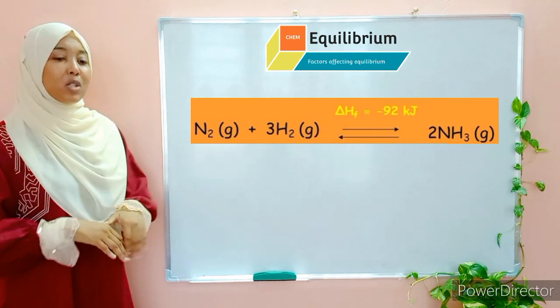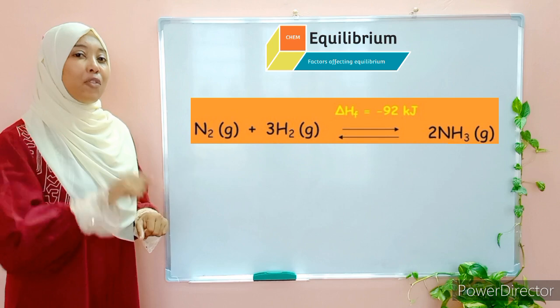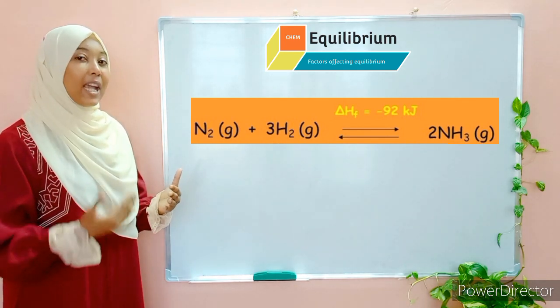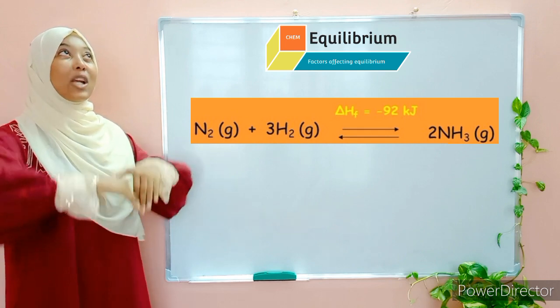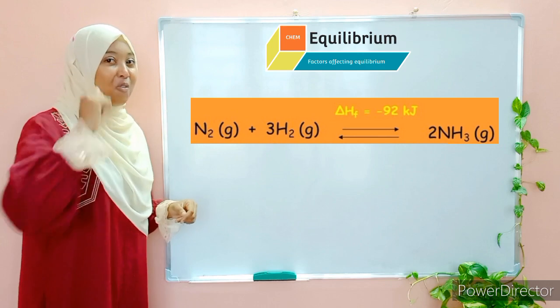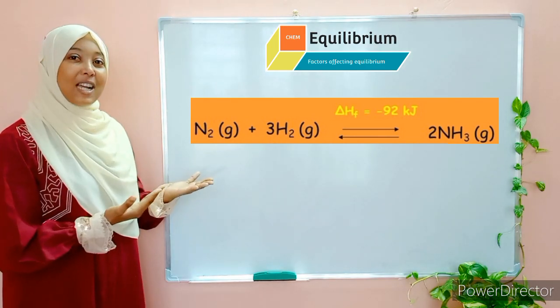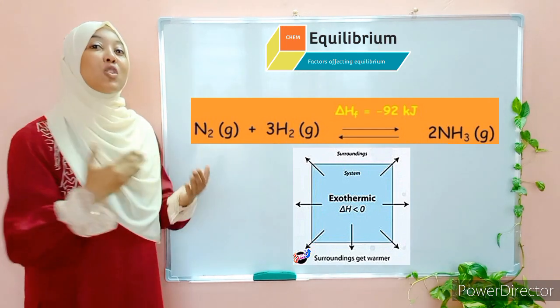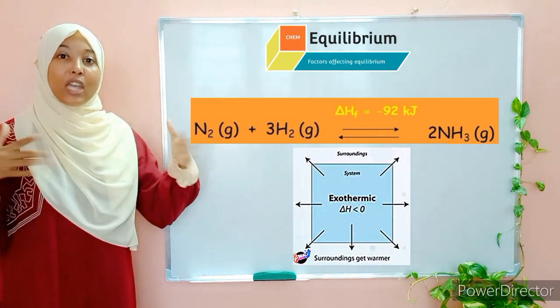Now, what about if you decrease the temperature? If you decrease the temperature, what will happen is that again, it's going to favor the reaction that will increase the temperature. You're decreasing the temperature, I will increase it for you. So which reaction is that? Exothermic reaction. So the exothermic reaction is going to be favored because it gives off heat energy.